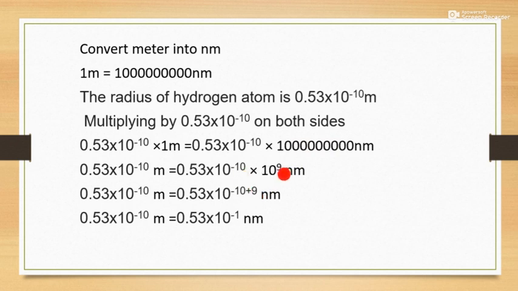Now the 10 and 10 are the same base, so we add the powers: minus 10 plus 9 is equal to minus 1 nanometer. So the answer is 0.53 × 10^-1 nanometer.